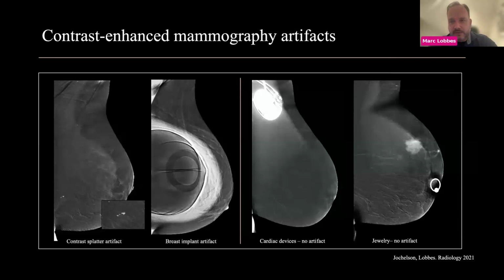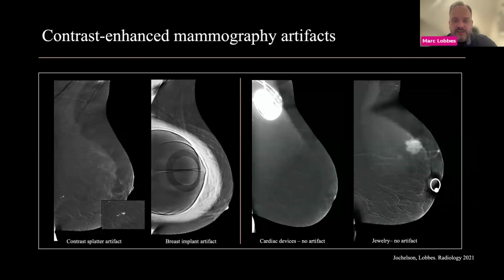They turn up black on your recombined images. If they show up white, like here, you should consider the possibility of contrast splatter, and you should consider rinsing off the breast, cleaning the detector, and acquire the image again within the time frame, of course, that you're using for contrast enhanced mammography. But when you see one or two of them, they're very easy to recognize. Don't worry.